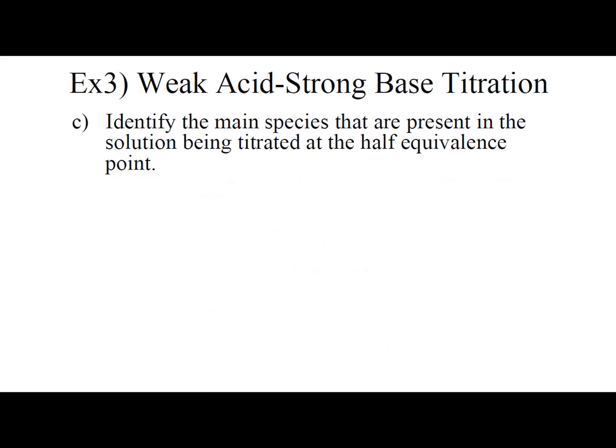Part C says identify the main species that are present in the solution being titrated at the half equivalence point. Again, we have acetic acid being titrated by sodium hydroxide. At the half equivalence point, you're still going to have some acetic acid.